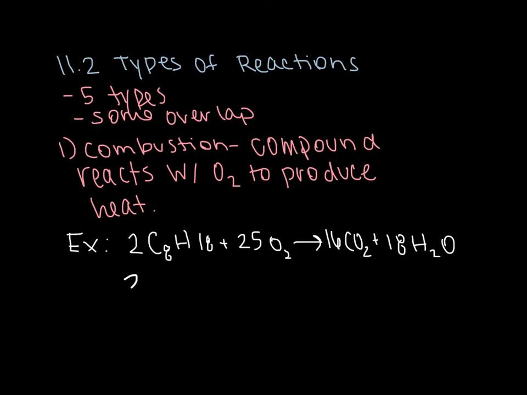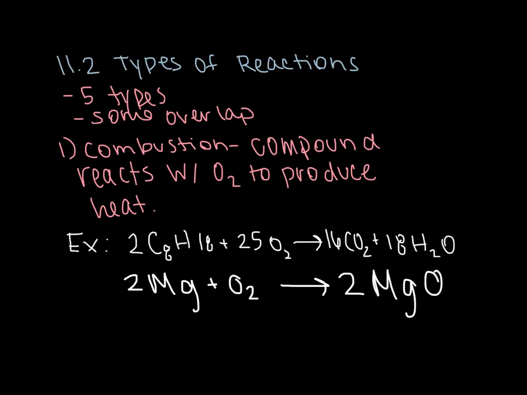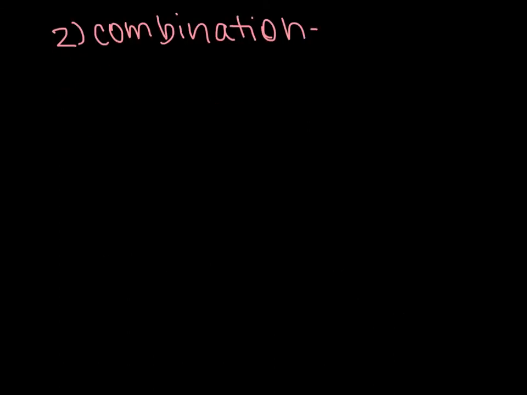So 2Mg plus O2 combines to make 2MgO. Number 2 for types of chemical reactions is combination.